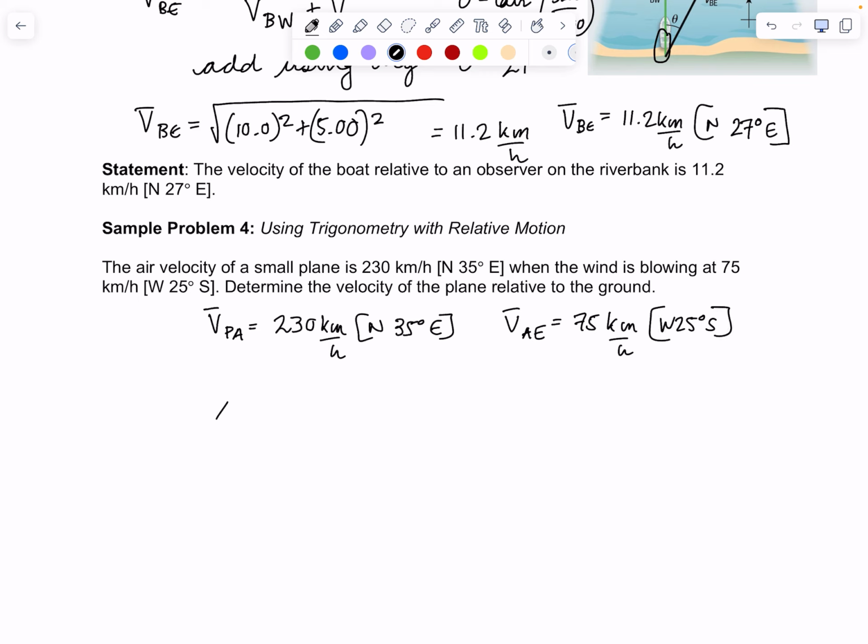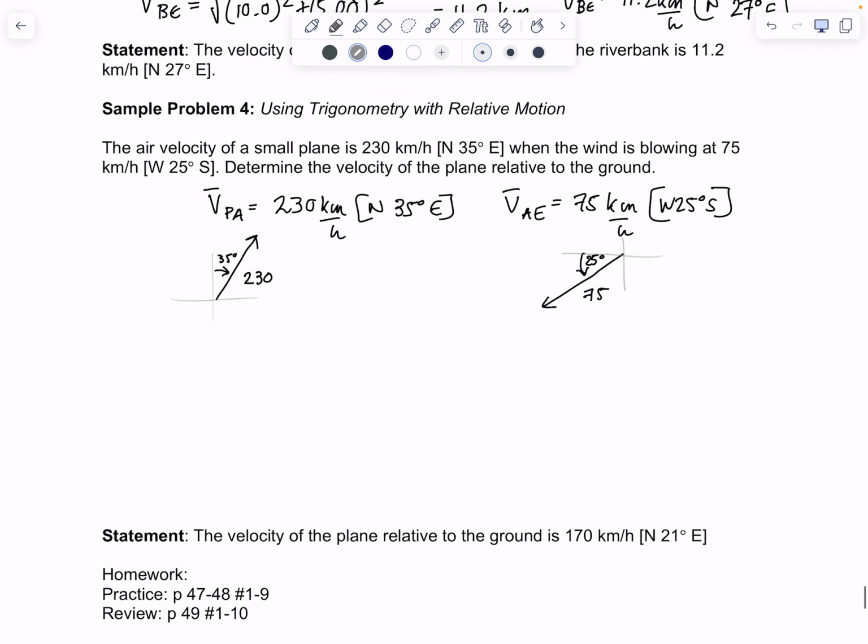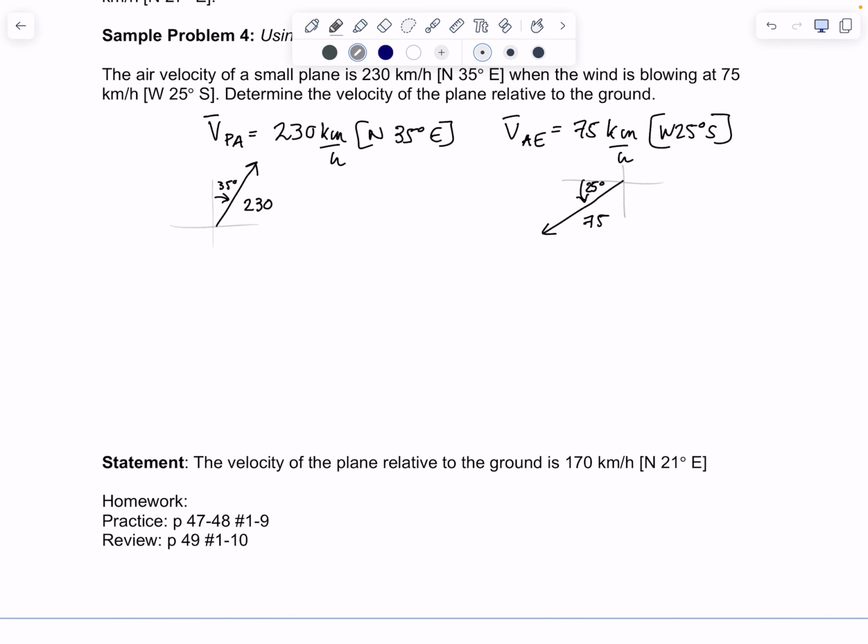I'm going to draw a rough sketch of what these look like. Let's break each of these vectors up into x and y components.